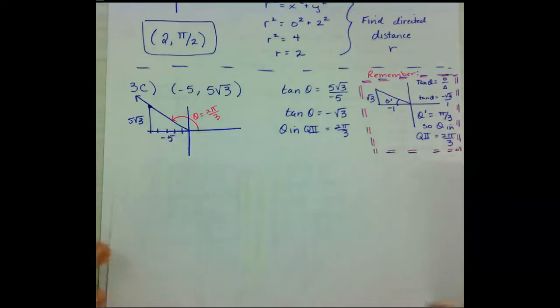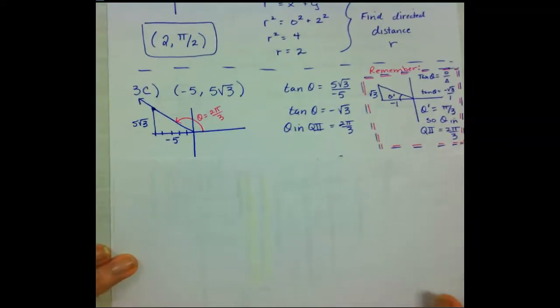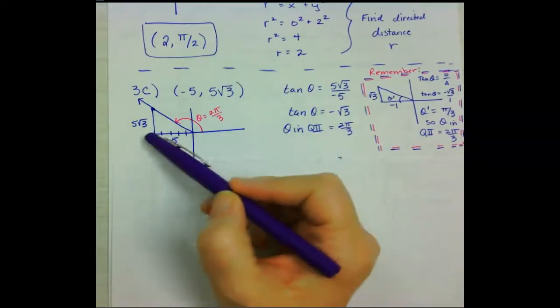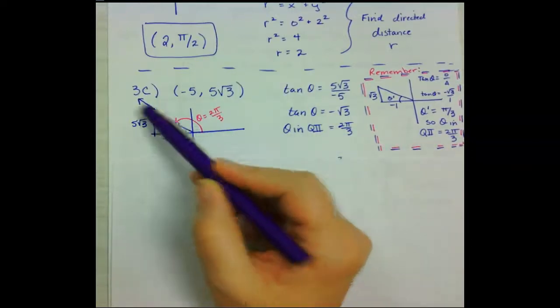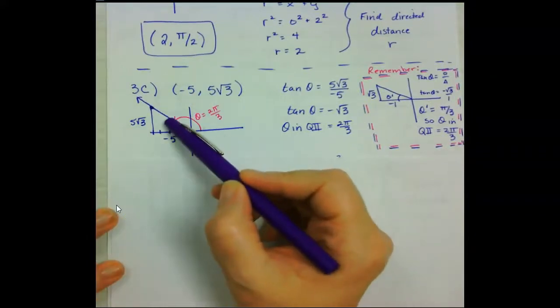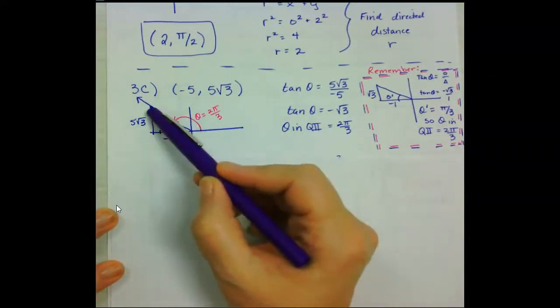All right, so now we're looking at 3c, so I have (-5, 5 root 3). So again, I plot the point, I draw the ray through the point, and so now I'm trying to determine the angle that goes from here to here and the distance from here to here.